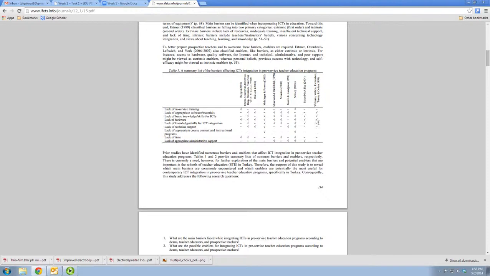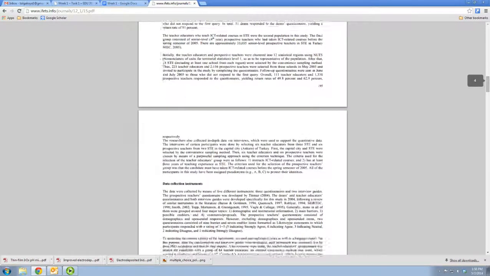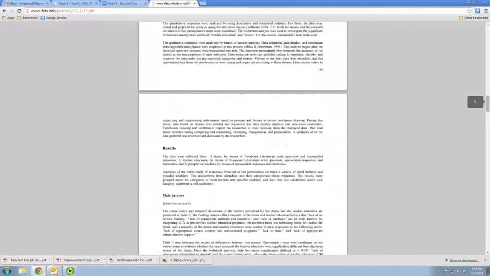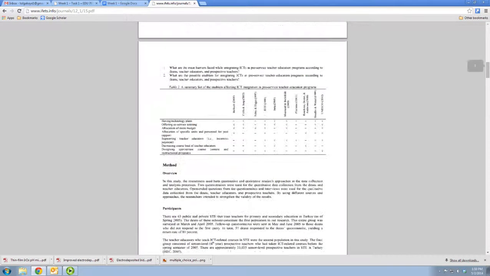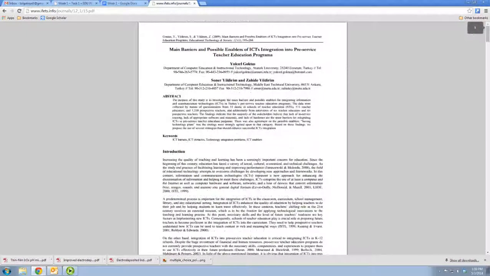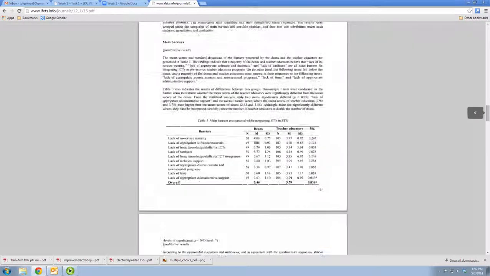So they look at the literature, more literature, participants. So I'm looking here, these numbers. Lack of in-service training, appropriate software materials. Does it say barriers and enablers? And positive enablers. Okay, so these are barriers.